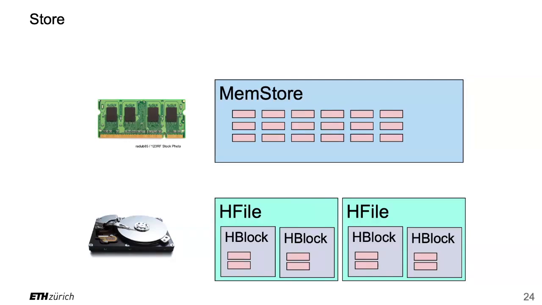Now, what I would add is that the MemStore needs to maintain a sorted order of the key values. With what data structure can you achieve this? You learned it in data structures and algorithms, right? What can I use to maintain in memory the order of key values? Yes? Binary tree.